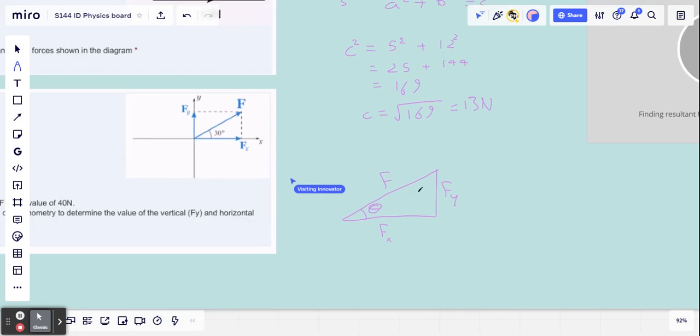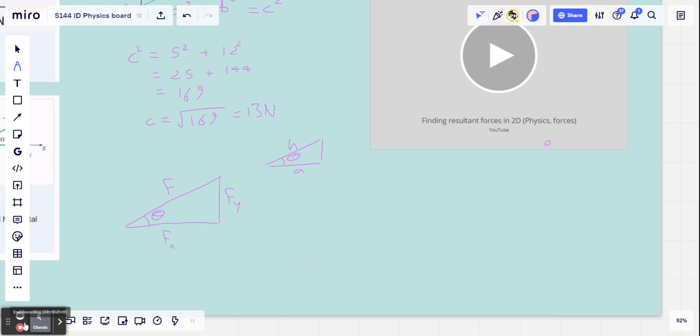Now, if that's the angle, then we can say, like a trigonometric triangle, if that's the angle, that's the hypotenuse, that's the adjacent, that's the opposite.